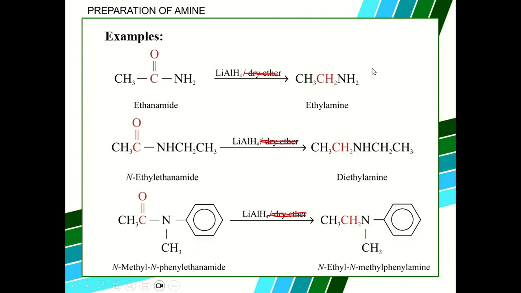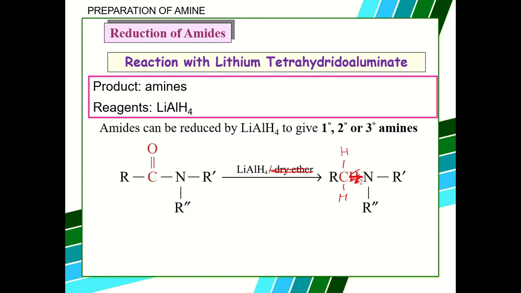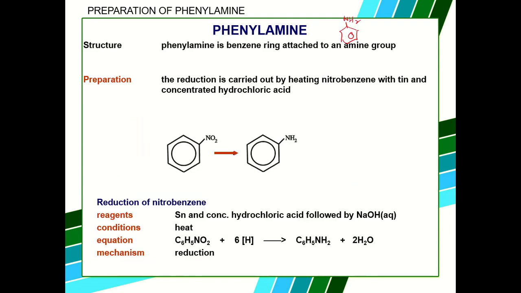If you look back at the previous slides, you were not preparing any amine with NH2 directly bonded to the benzene. Now we are talking about those, phenylamine to be exact, that's the name of the functional group.